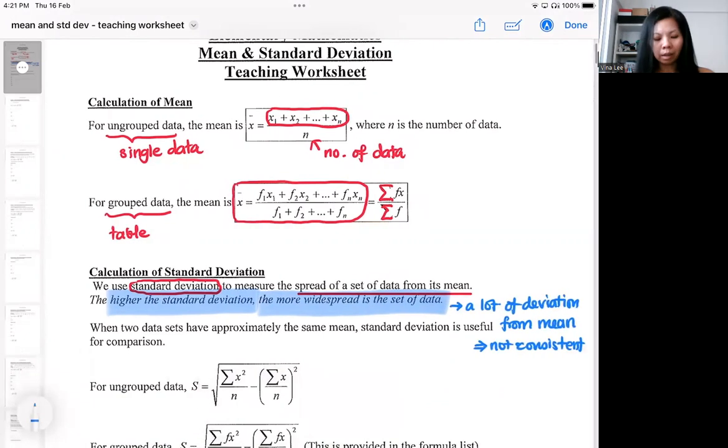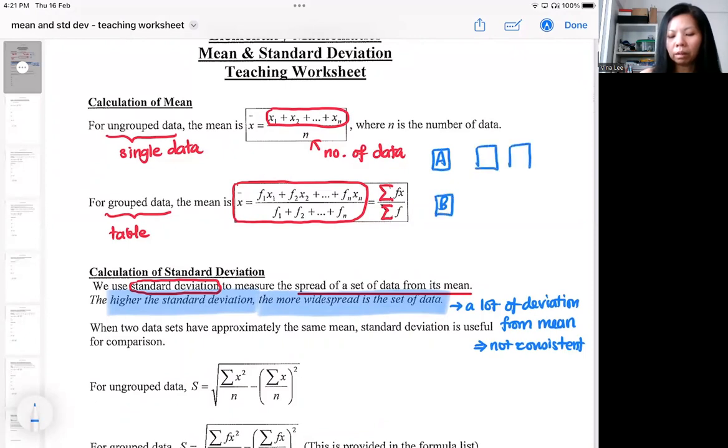Okay, so I think it's easier if I give you a context. Let's say there are two students, student A and student B. This will be the test result for student A: 64, 68, and 61.